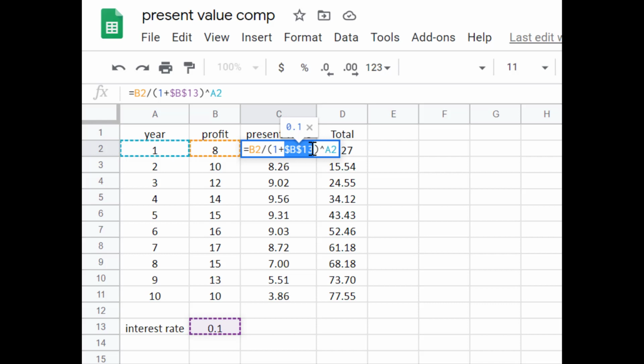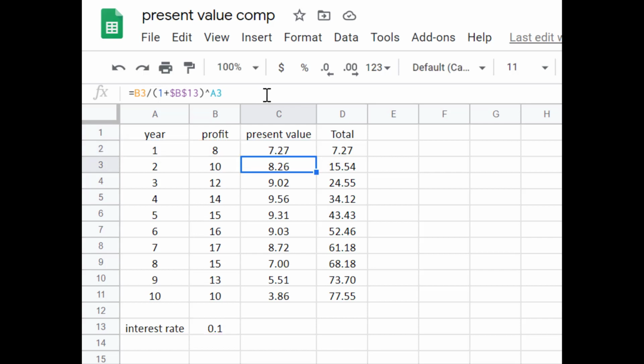So it will always be 0.1. Then the compounding is raised to the power of A2, which indicates 1 year has passed. Once you press enter, it calculates the value for you.